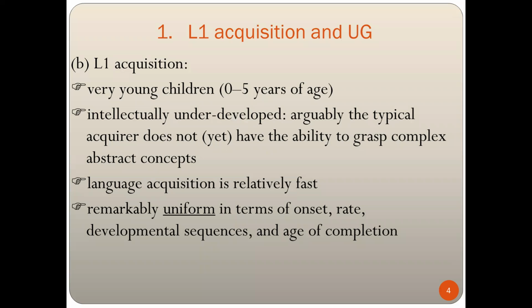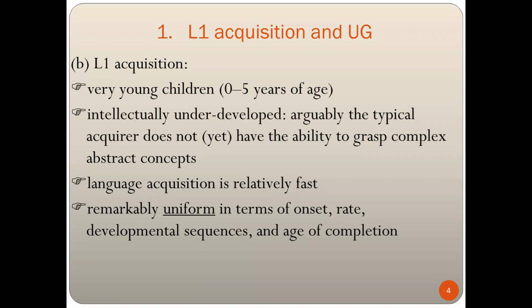Okay, one important point or stipulation, I should say, that I should make at this stage is that when we talk about language acquisition, we're specifically referring to the acquisition of the grammatical system of the language.